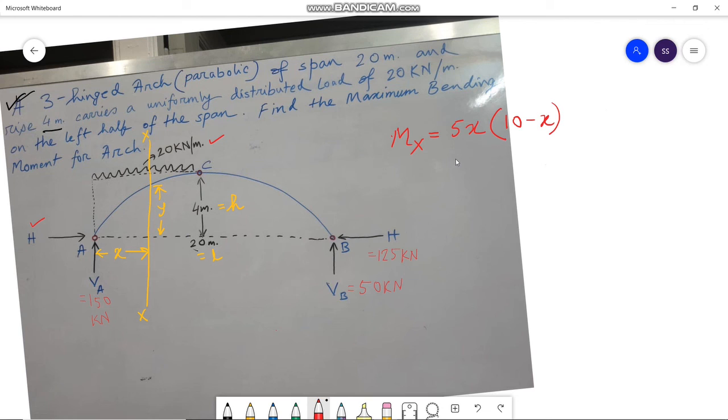Now, for the condition of maximum bending moment, differentiating mx with respect to x, we get dmx by dx equals to 0.